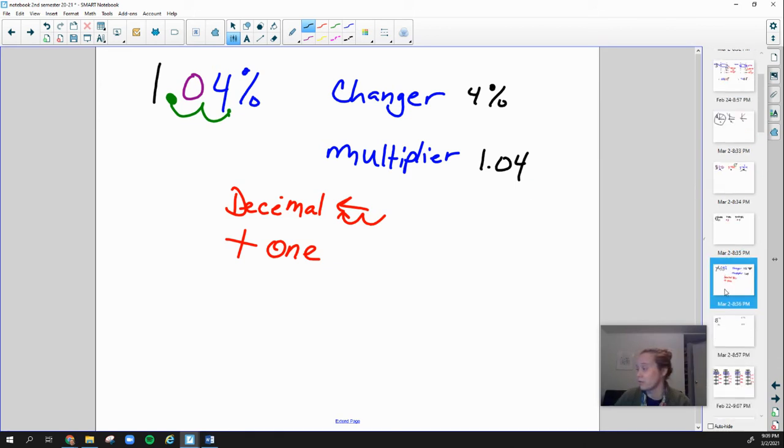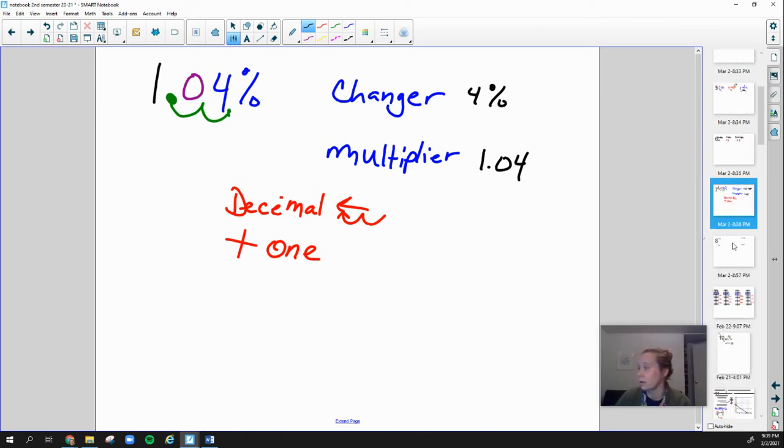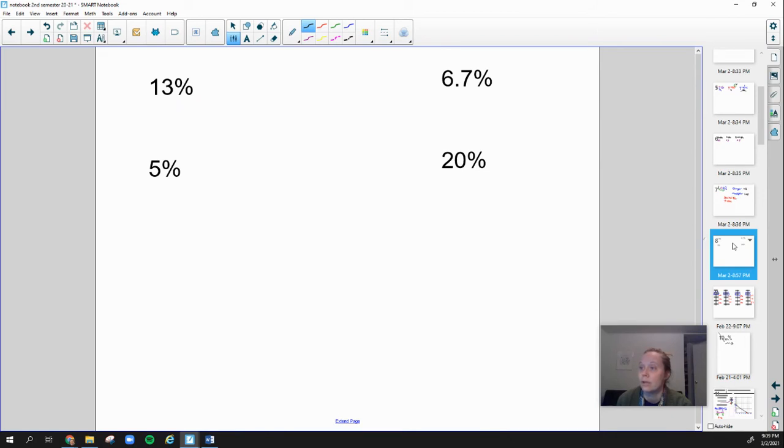Okay, so with the following, can you convert each of these into what their multiplier is going to be?